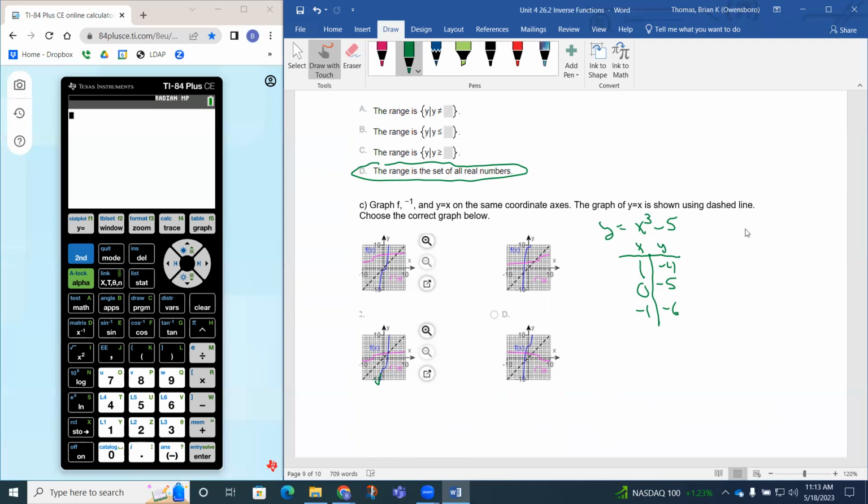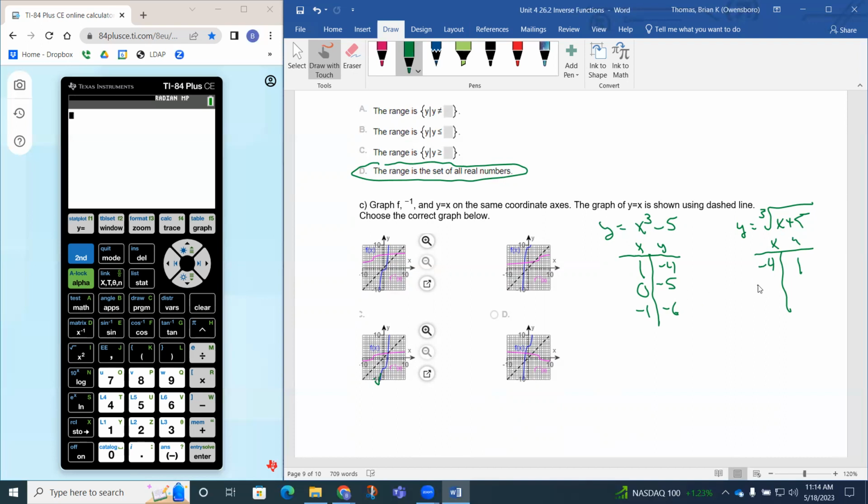So the inverse function, y equals the cube root of x plus 5. I actually don't have to make those ordered pairs. All I've got to do really is just switch the x and y. So if I put a negative 4 in, I should get a 1. So notice that negative 4 plus 5 is 1, and the cube root of 1 would be 1.